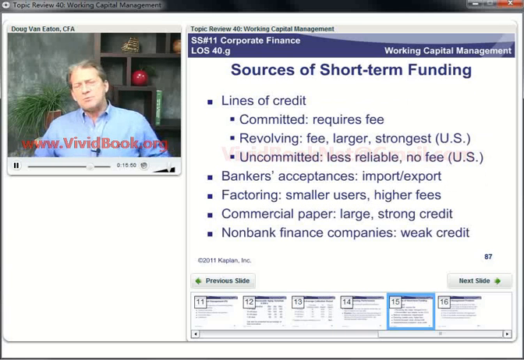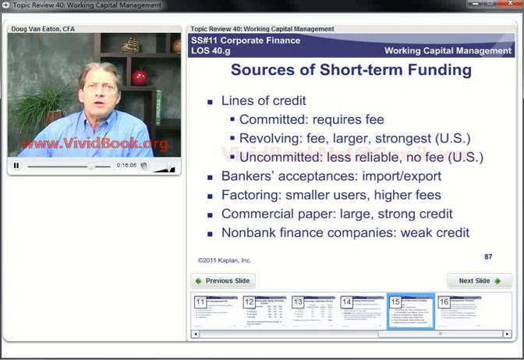So we talked about investing short-term funds. What about if we need money in the short term? Say we've got a seasonal business. We've really got to build up our inventories going into September and October to sell through for the holiday season. Well, one source is a line of credit.